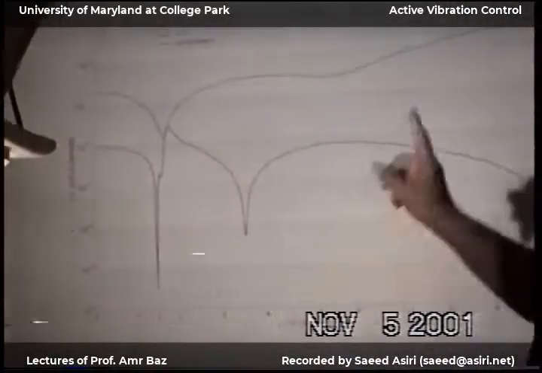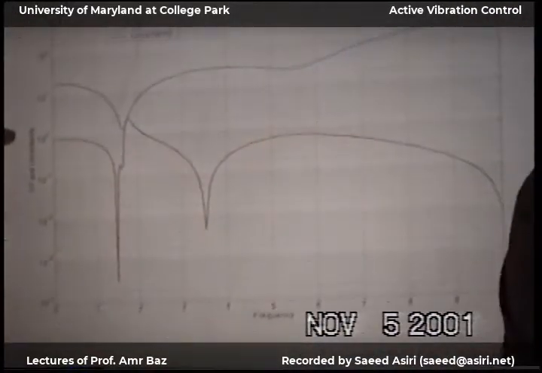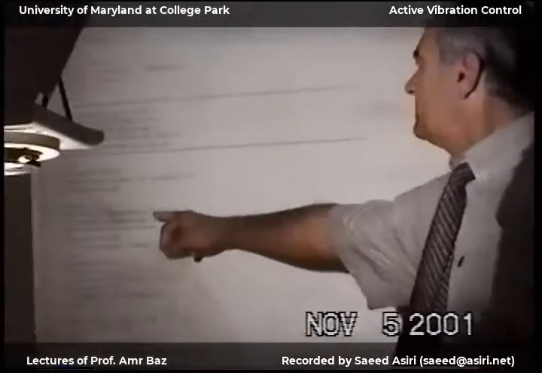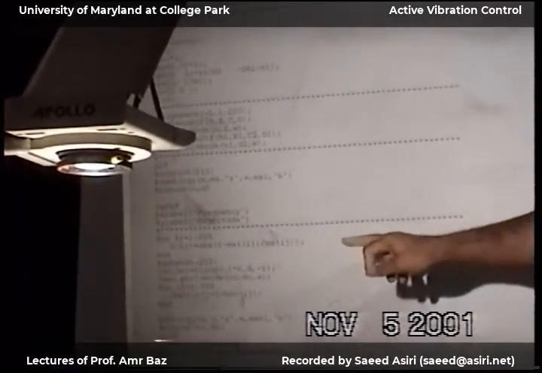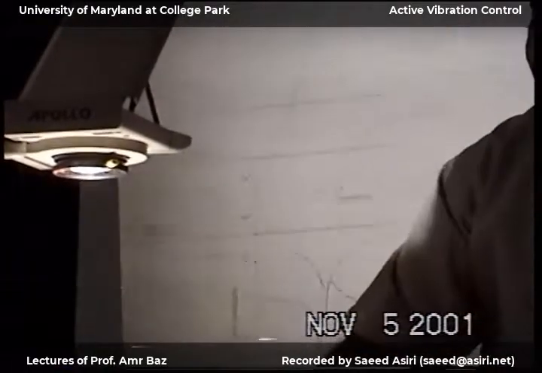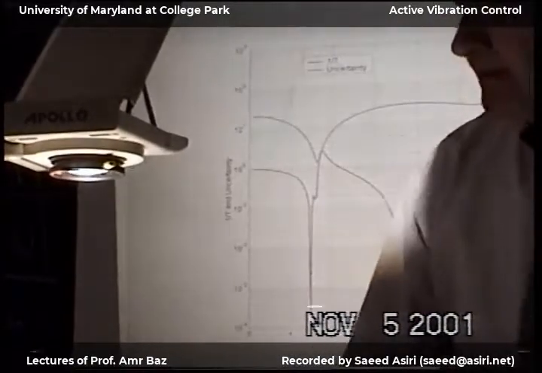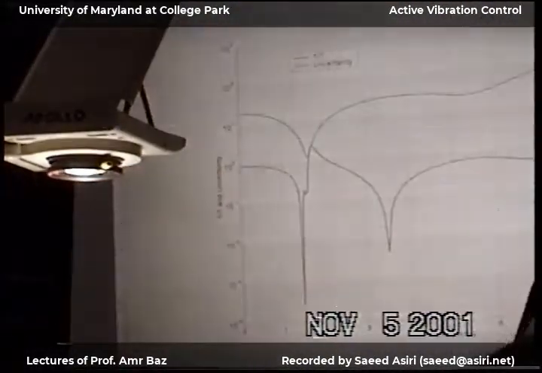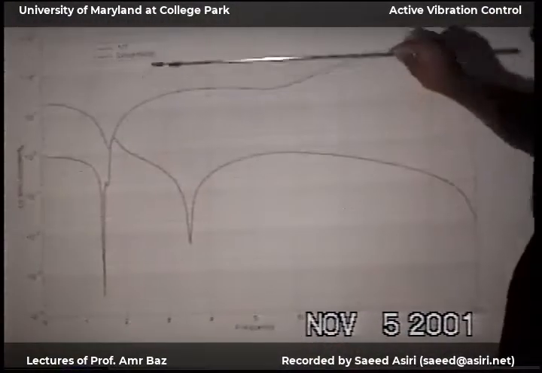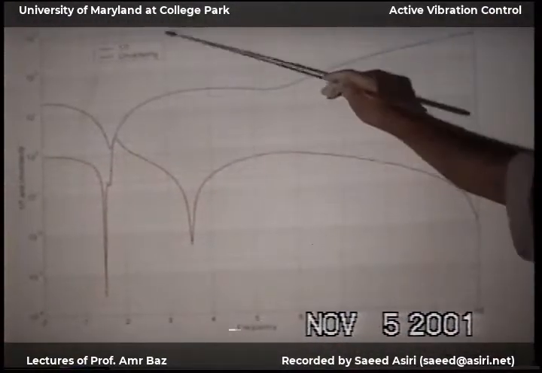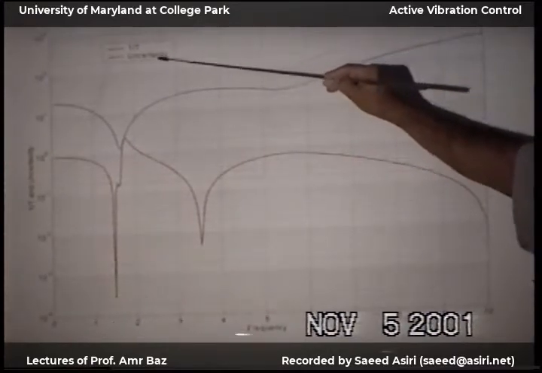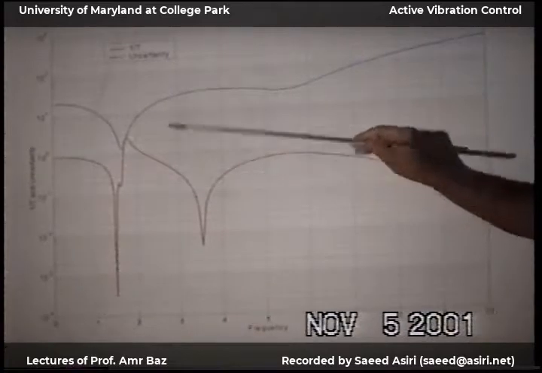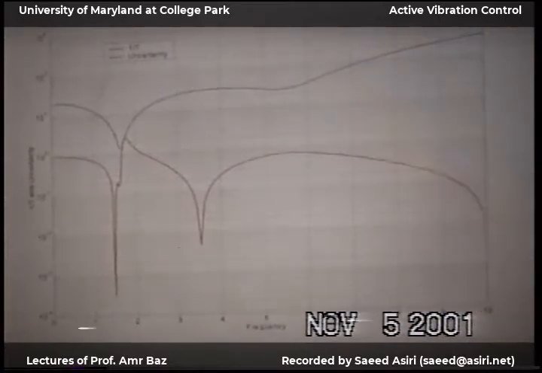The graph that I have here is for a gain of 0.1. Now they're barely touching. The 1 over T, I'm sorry, these two should be flipped over. The uncertainty is the red, and the 1 over T is the blue.